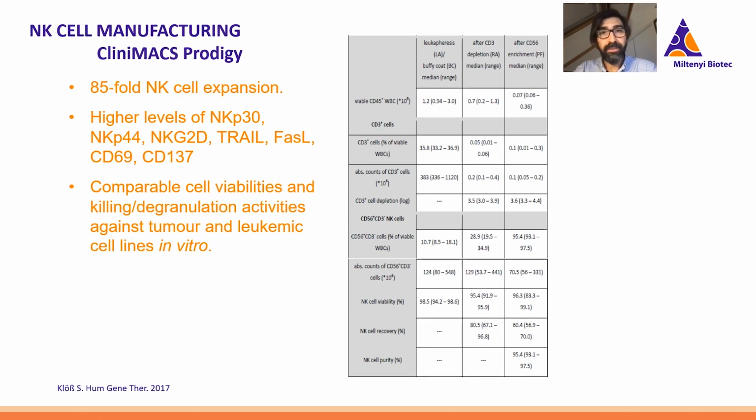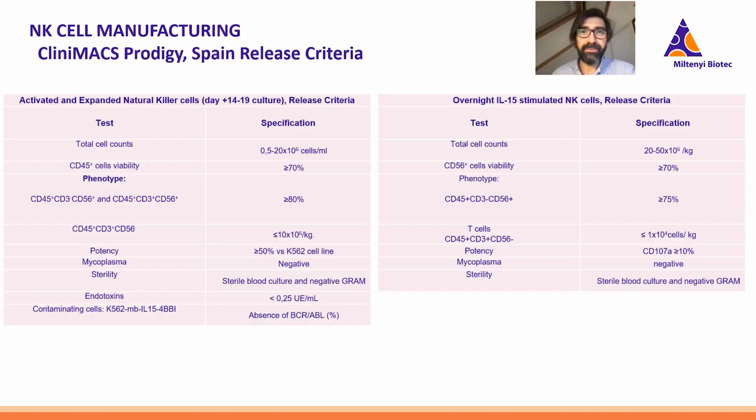The NK cell product has NCR, NKp30, NKp44, NKG2D, TRAIL, Fas ligand, CD69 and CD137 receptor activation. They have very nice viability, and the killing capacity against tumor cells is feasible, and they are doing that.